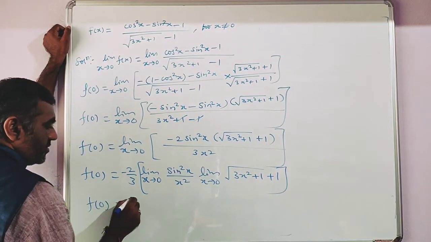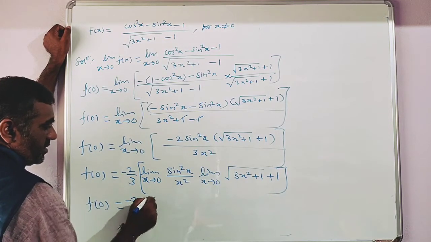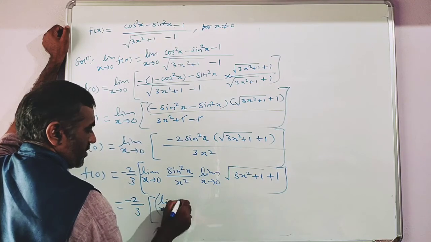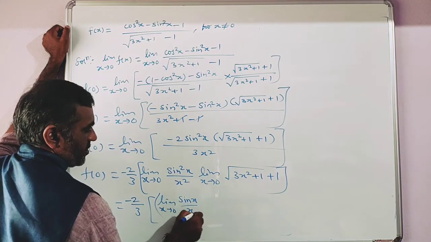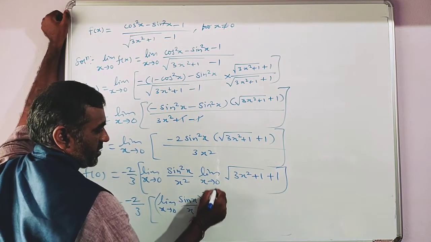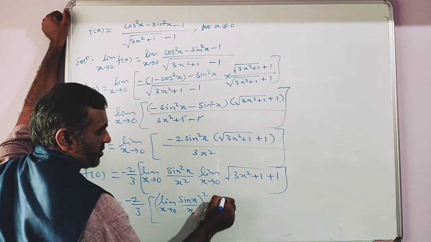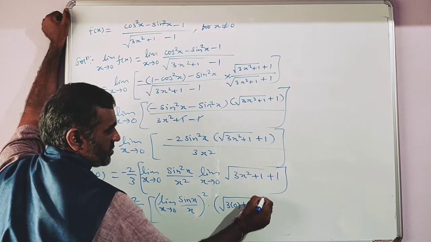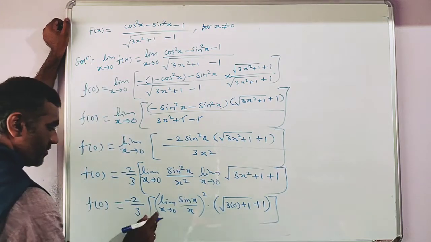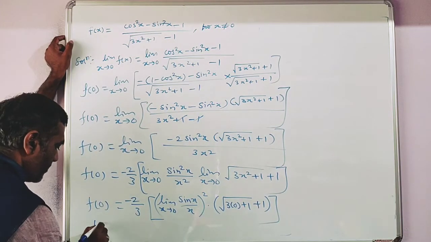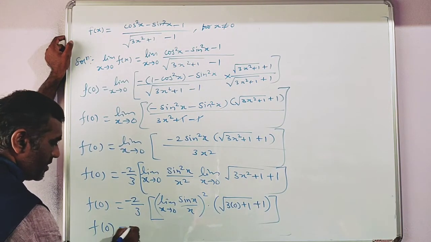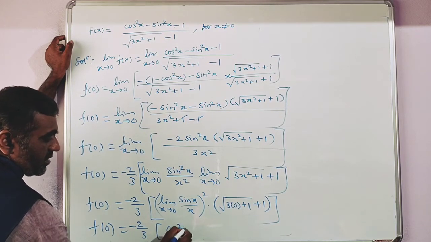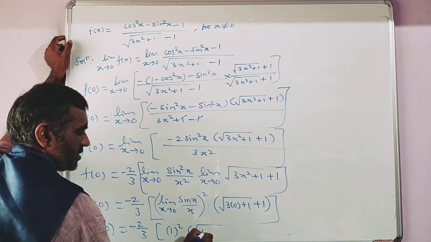F of 0 is equal to minus 2 by 3 in bracket limit as x tends to 0 sin x upon x whole bracket square into limit as x tends to 0, that is equal to square root of 3 into 0 plus 1, bracket complete. F of 0 is equal to minus 2 by 3 in bracket 1 into square root of 0 plus 1.